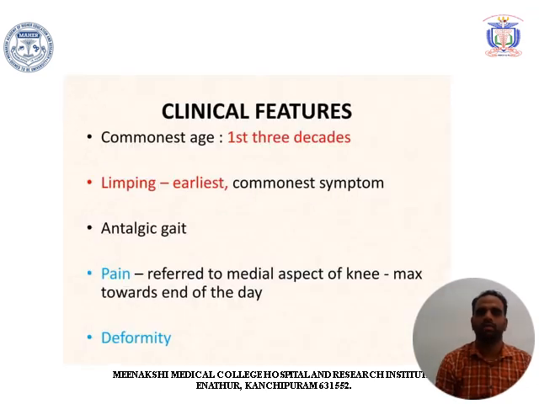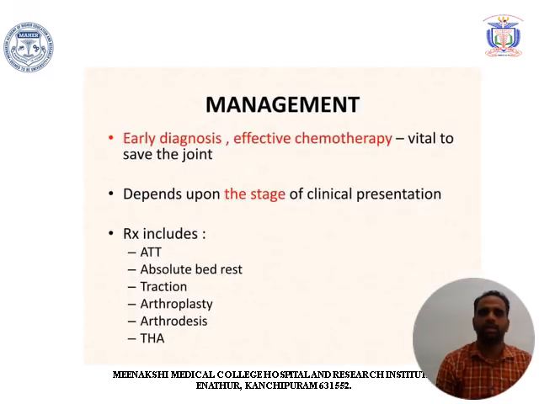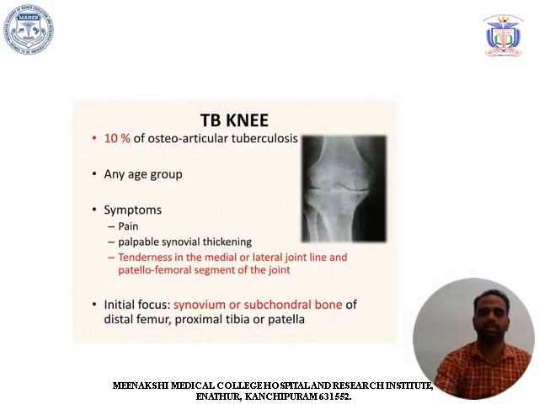Clinical features: the first 3 decades are the common age, limping is the earliest symptom, antalgic gait, pain referred to the medial aspect of the knee, maximum towards the end of the day, and deformity. Diagnosis as already said: X-ray, CT, MRI with sinus fluid aspiration, biopsy. Early diagnosis and effective chemotherapy are vital to save the joint, and treatment depends upon the stage of clinical presentation, including ATT, absolute bed rest, traction, arthroplasty, arthrodesis, and total hip replacement.